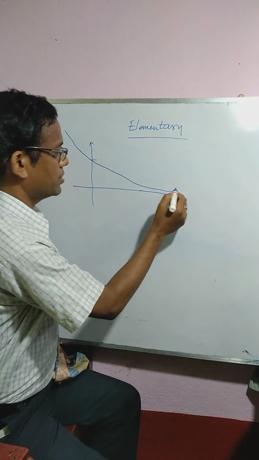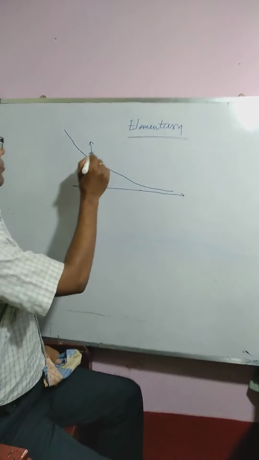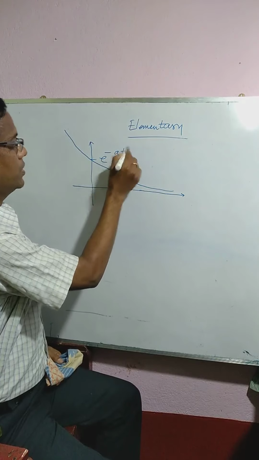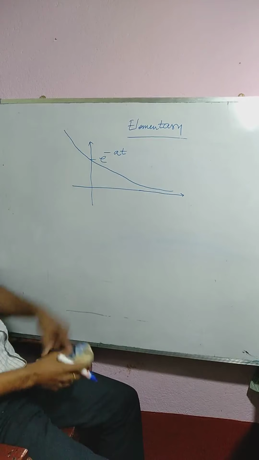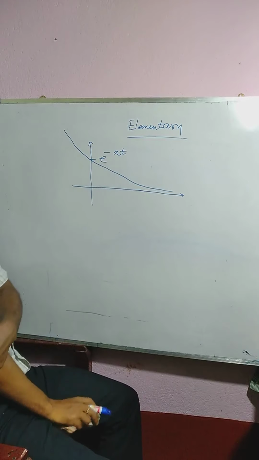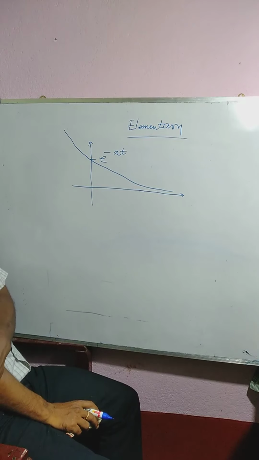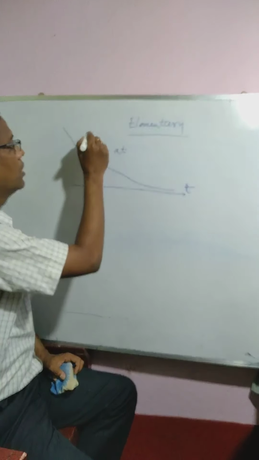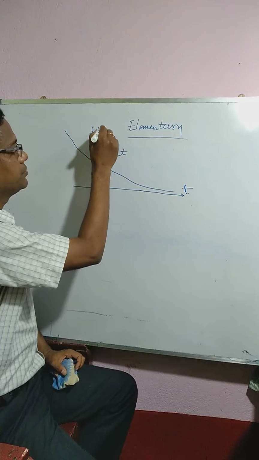Say this is e to the power minus at. This is e to the power minus at. Now, what is the value? This is t and this is a function of t, f(t).